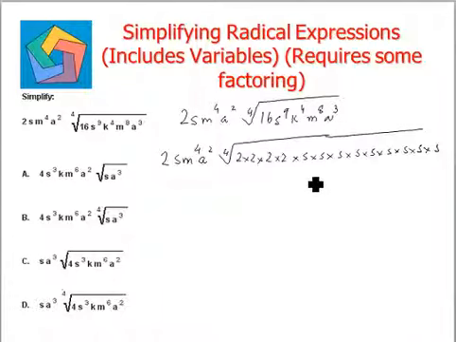K will come 4 times: 1, 2, 3 and 4. M will come 8 times: 1, 2, 3, 4, 5, 6, 7, 8. And a will come 3 times: 1, 2 and 3. All this is inside the radical.